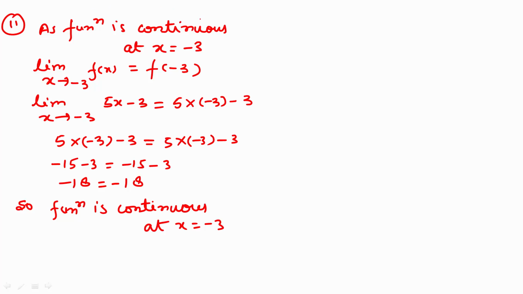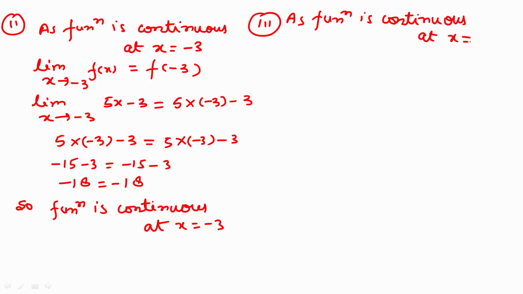In third case, we have to check the function is continuous at x is equal to 5. As the function is continuous at x is equal to 5, so limit x tends to 5 f(x) is equal to f of 5.